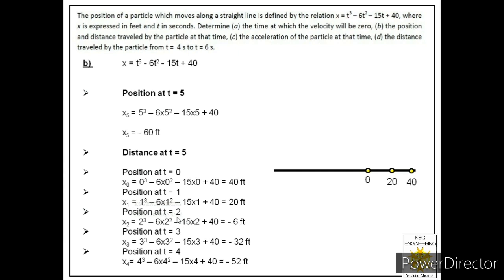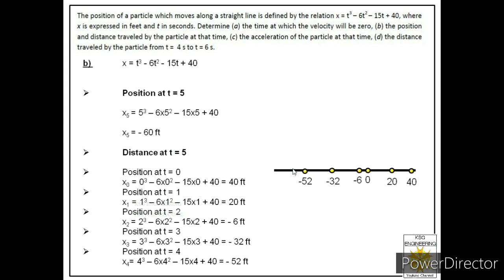At time t equal to 2 seconds, its position was minus 6 feet. It means towards the left of 0. So let us label that value also, minus 6 on the left of 0. Then at time t equal to 3, the position was at minus 32 feet. So from 0, measure 32 towards the left side. This was the position at time t equal to 3. Then at time t equal to 4 seconds, the position was at minus 52, from origin.